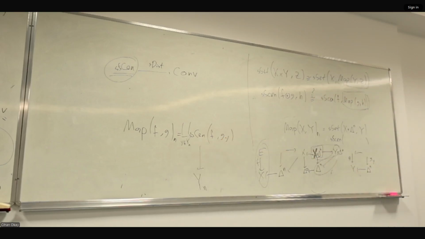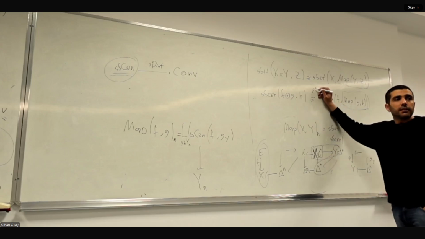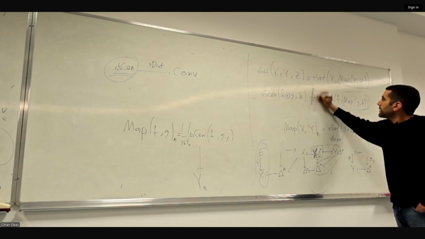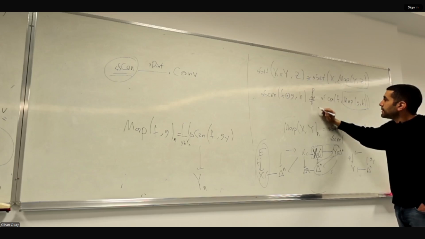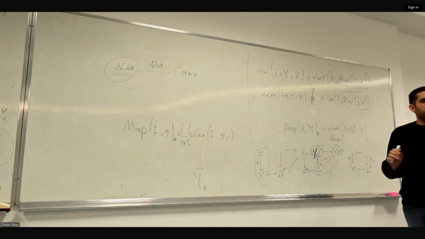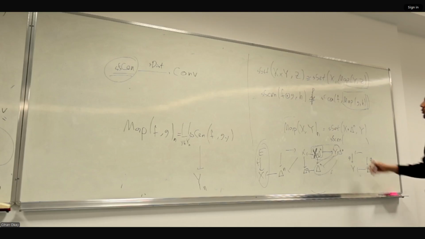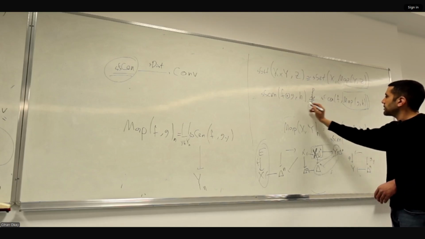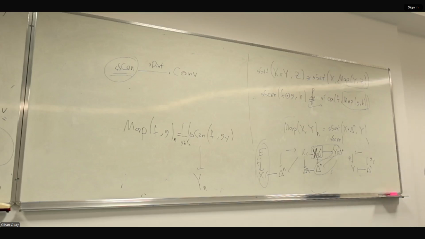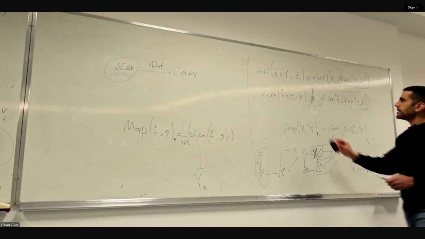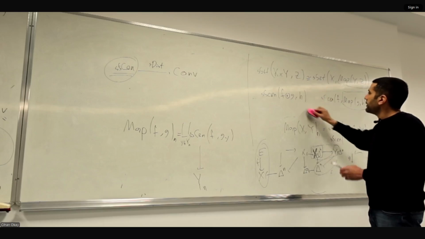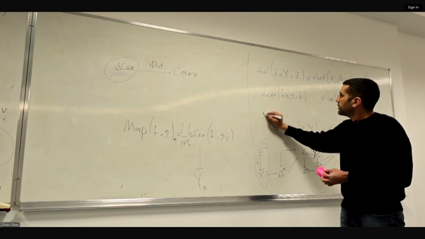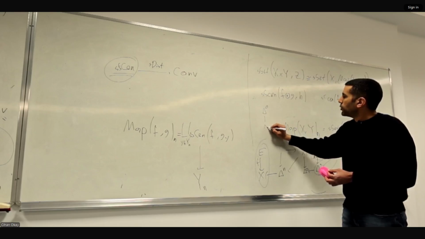But the thing is that it's not true. It's not really true, but it has some good properties. Even if it's not true, there is one direction that is right: there is an inclusion from this to this. And the good thing is that it has this property when we're taking the unit of this monoidal structure.